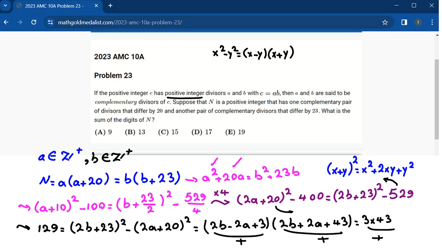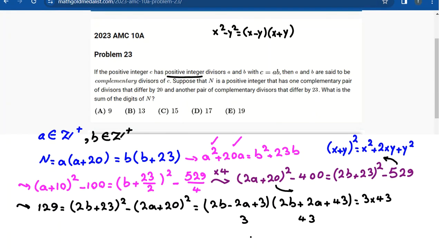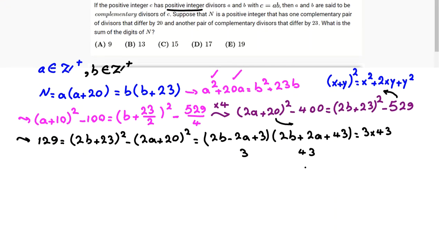And obviously, because a is positive, this part is greater than this part. So one case is 43, 3. We have one more case to check: 129 and 1. So we should consider these two cases.